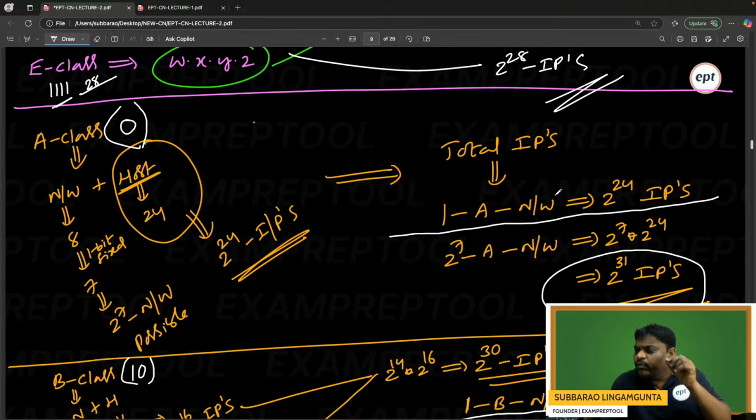Let us assume that every employee has one computer. When you say computer, definitely there is a requirement of IP. So the central government has so many employees; if you give every employee one computer, one IP is needed for every computer.